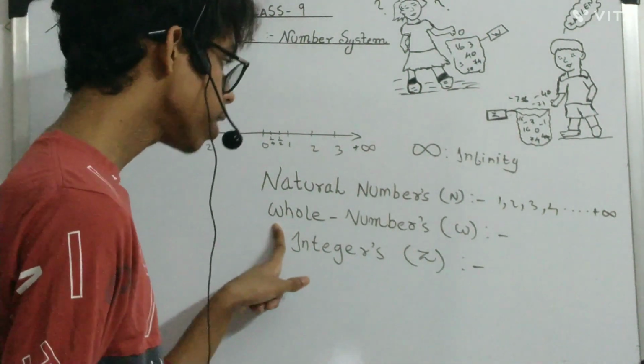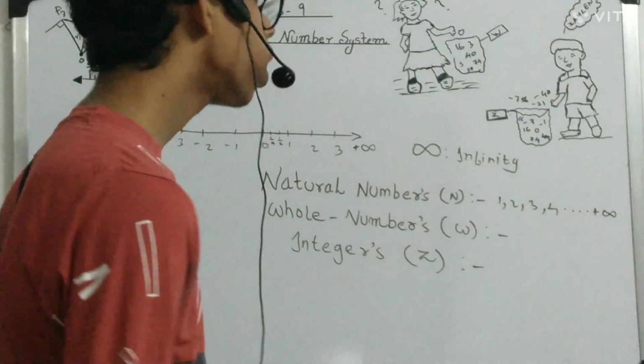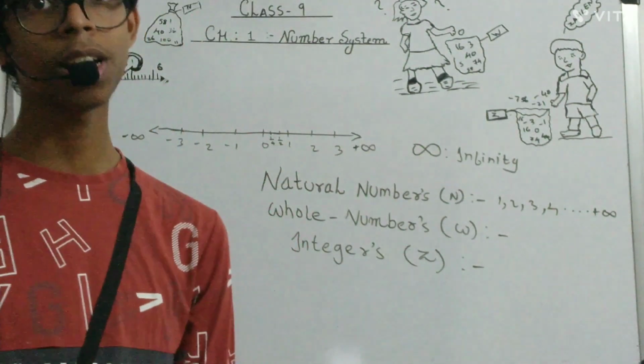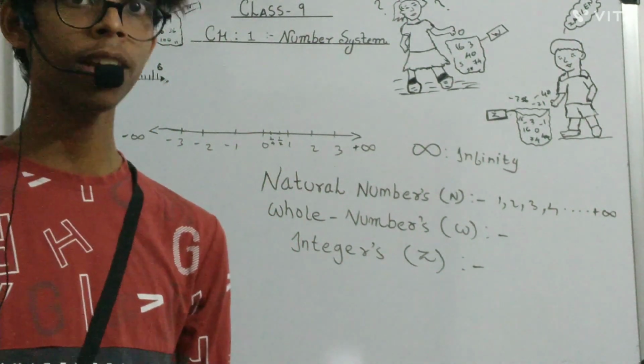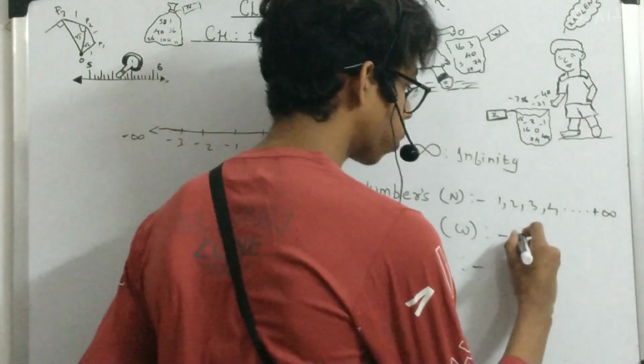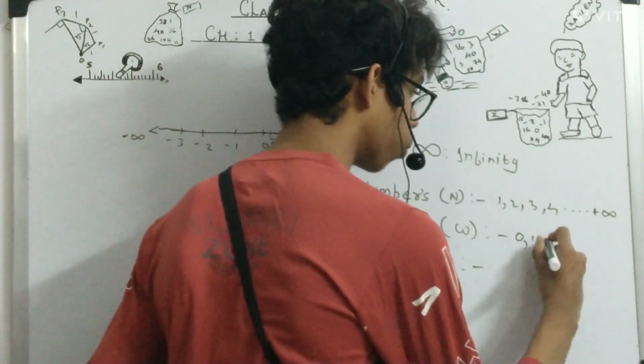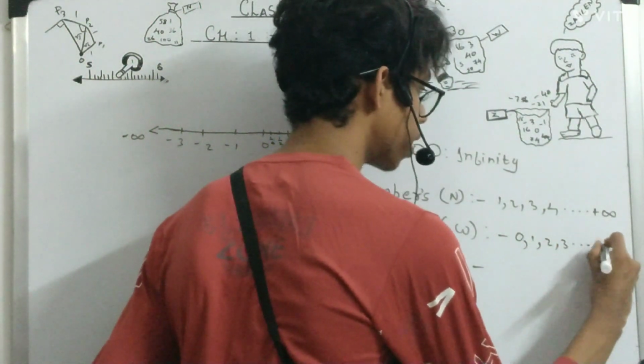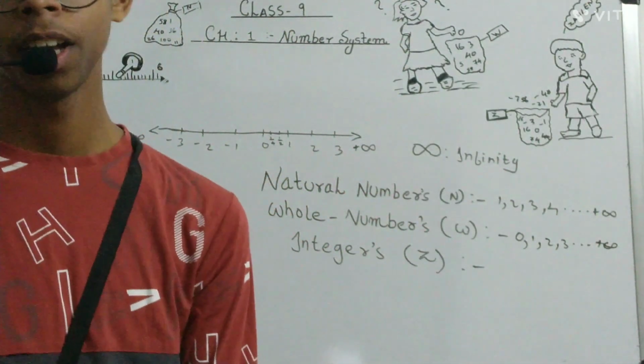Now whole numbers are those non-decimal positive numbers including 0. So I am including 0 here: 0, 1, 2, 3, etc. up till positive infinity.